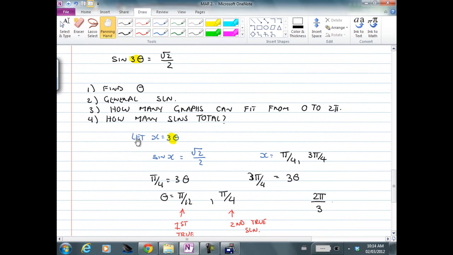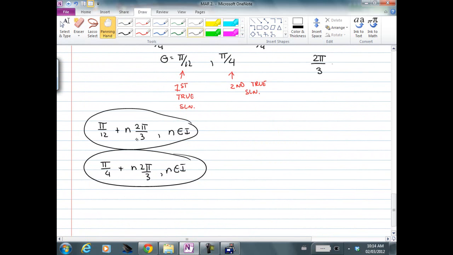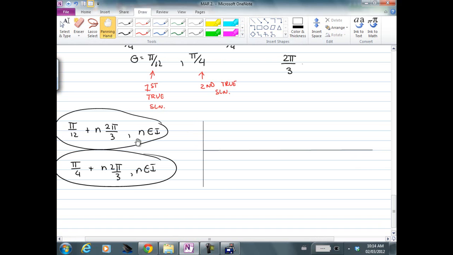Okay. Now, it asks you how many graphs can fit from 0 to 2 pi. Here is where some of you are going to have issues. So again, I always draw one graph to begin with. This is a sine graph. Just draw a very simple sine graph, no tricks. Keep it simple. My period ending right here will be at 2 pi by 3.